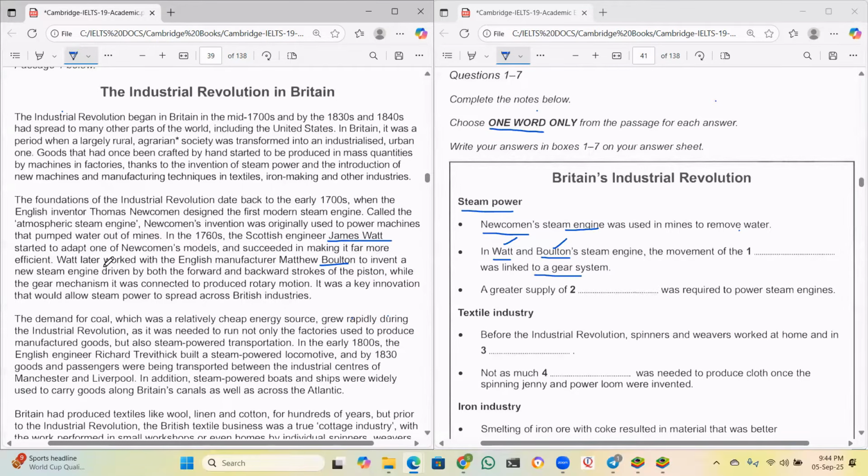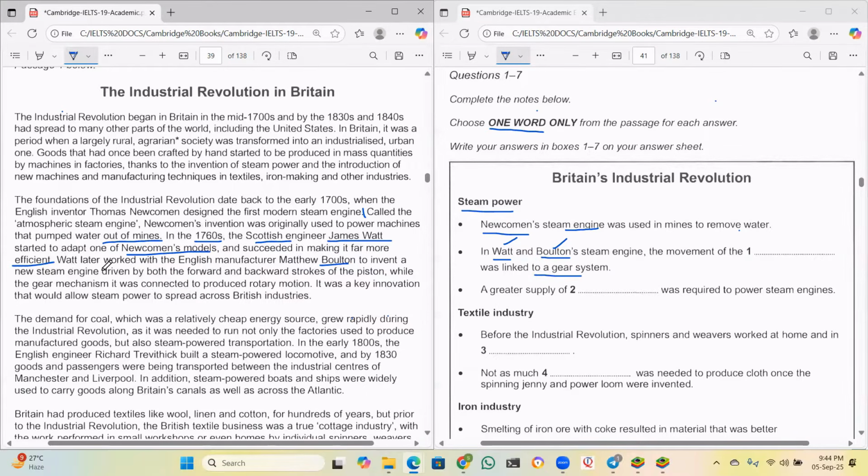The foundations of the Industrial Revolution date back to the early 1700s, when the English inventor Thomas Newcomen designed the first modern steam engine, called the atmospheric steam engine. Newcomen's invention was originally used to power machines that pump water out of mines. In the 1760s, the Scottish engineer James Watt started to adapt one of Newcomen's models and succeeded in making it far more efficient.